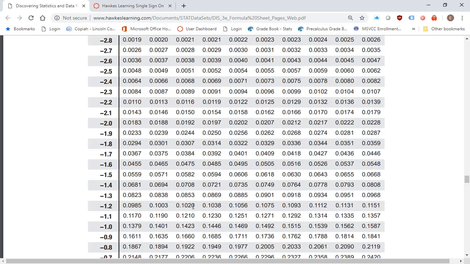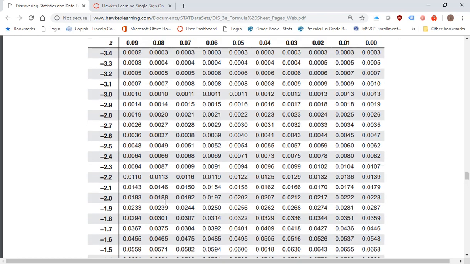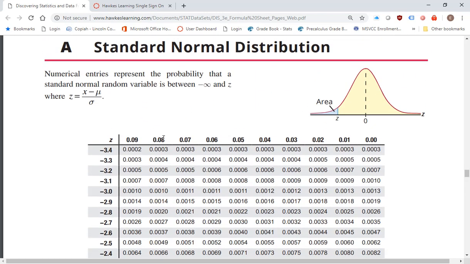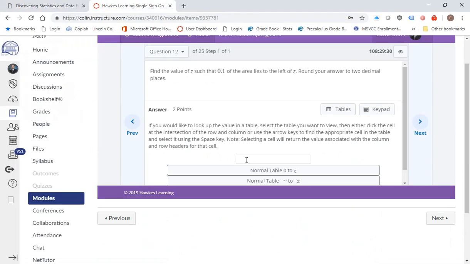This is 20 10,000ths above the answer. So this is as close as I can get. So I need to see which z-score does that correspond to, and that's my answer. So negative 1.2, and then see what column this is. Negative 1.28. That's the z-score, negative 1.28.